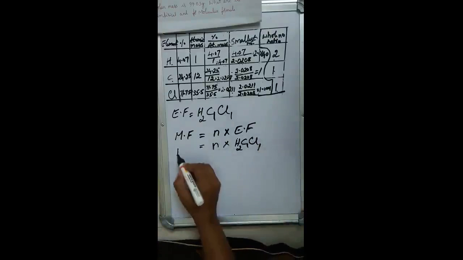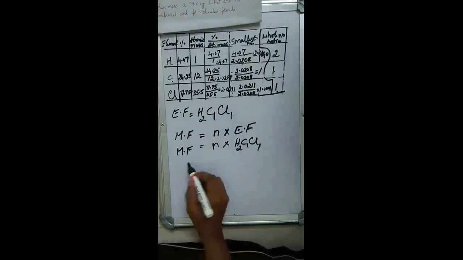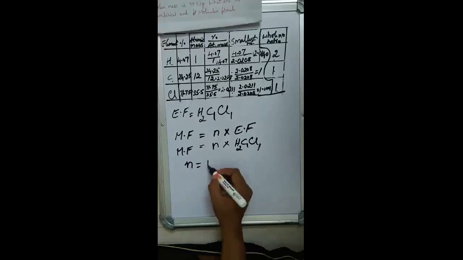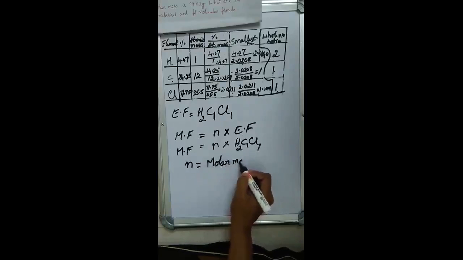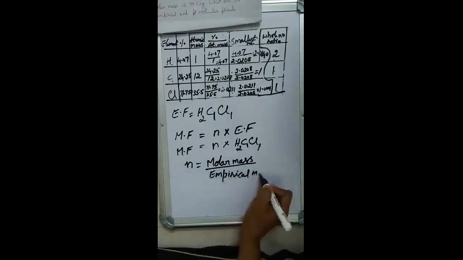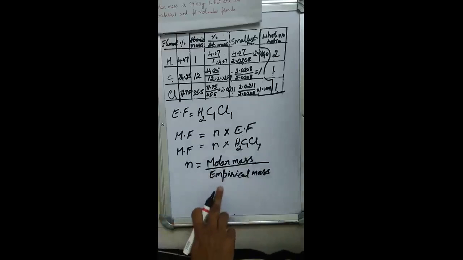I don't know N, so once again there is a formula to calculate N. N is equal to molar mass, or molecular mass, divided by empirical mass. So this is the formula: N is equal to molar mass divided by empirical mass.